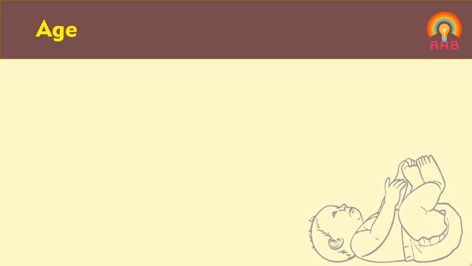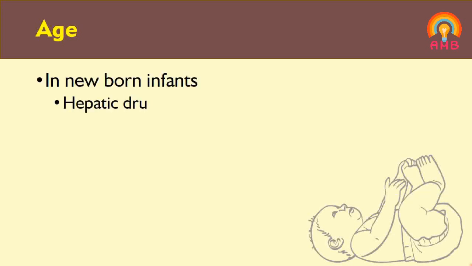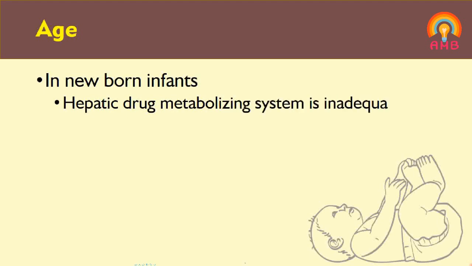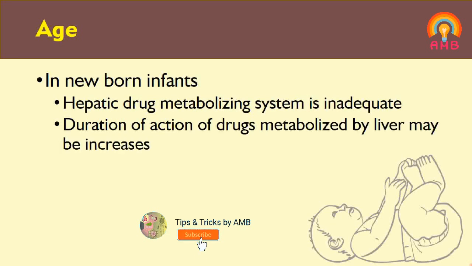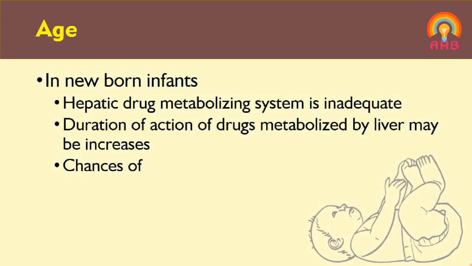Similarly, the hepatic drug metabolizing system is inadequate or not well developed in newborn babies. The duration of action of drugs which are majorly metabolized by the liver may be increased in infants. Drugs are not metabolized because the enzymes responsible for metabolism are not yet developed in the liver, and such drugs may accumulate in the body, with chances of toxicity in the infant.